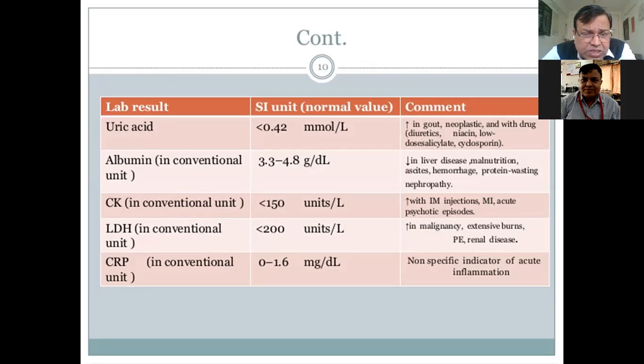Similarly, the proteins, albumin. Its normal range is 3.3 to 4.8 gram per liter.